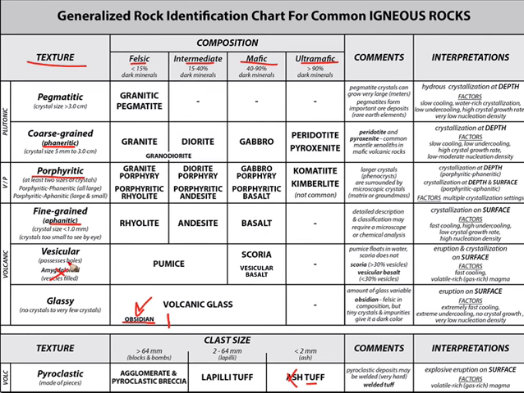Porphyritic, once again, go back and watch the texture video if you don't remember how porphyritic rocks form. But your names are based off of the size of the phenocrysts and the ground mass. Phenocrysts are the large crystals, which it tells you right here. The matrix or ground mass are the small crystals.